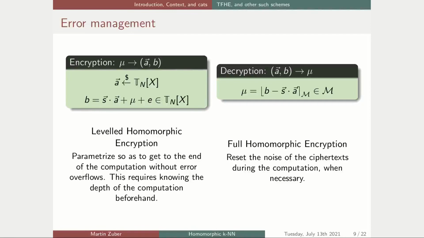One is to use a leveled homomorphic encryption, and that means setting the parameters so as to stop the computations exactly when the error has not yet grown too big. And that means knowing the depth of the computation before we set the parameters, and that can be a problem in certain use cases, and that's the reason why we can use fully homomorphic encryption to solve the same problem, and that requires resetting the noise of the ciphertexts mid-computation. That's the point of the bootstrapping operation in our case.